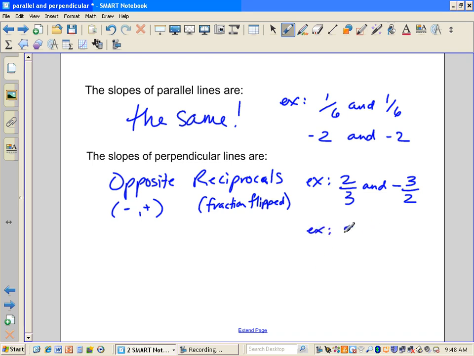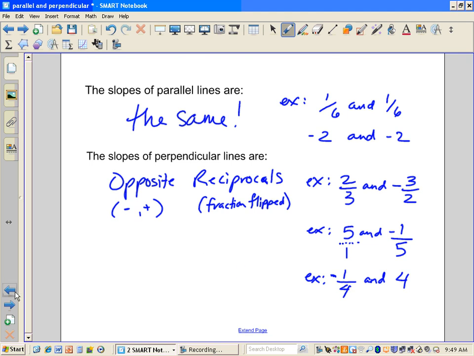Or if I had 5, the opposite of that would be negative, and the reciprocal, remember, if it's a whole number, it's like it's over 1, well, that would be negative 1/5 as a reciprocal. Okay, one more example. If we had negative 1/4 already, the opposite of that would be a positive, and the reciprocal would just be 4, or 4/1.